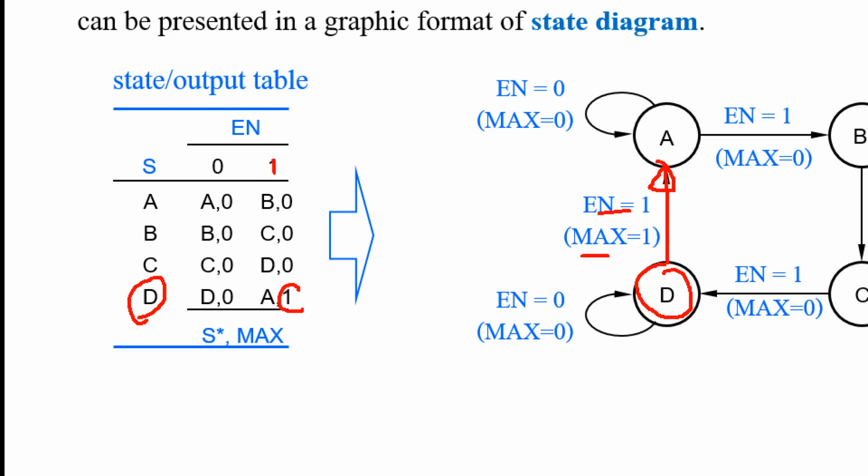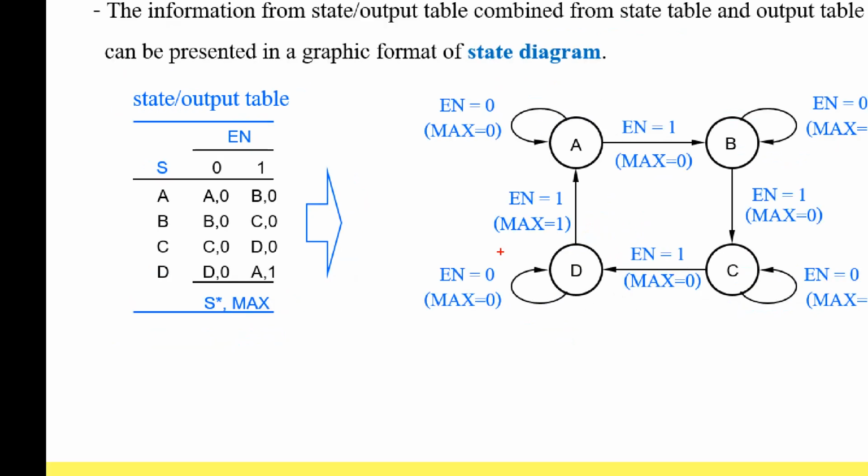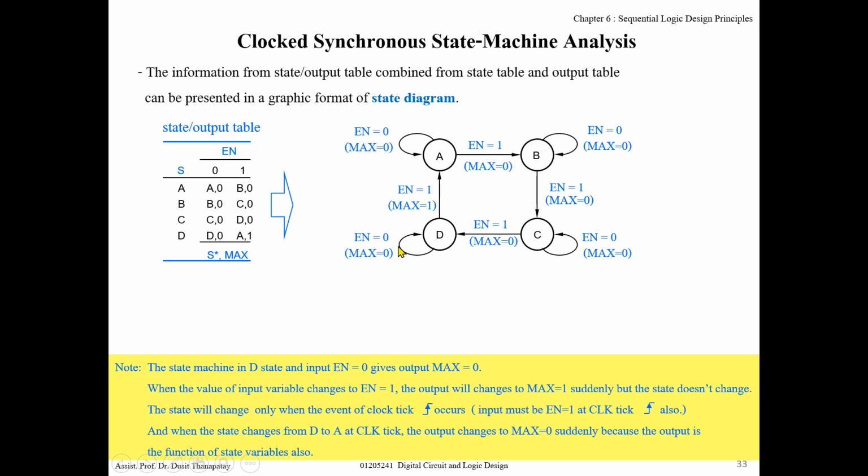So we write output is 1 here, in the parentheses, something like this. So you can complete the analysis by obtaining the output equation, transition equation, or this state output table or state diagram.